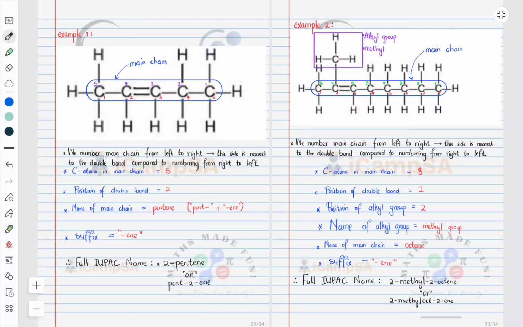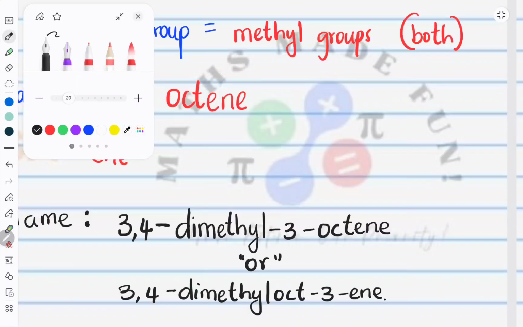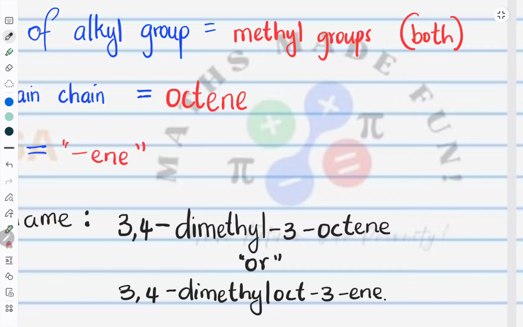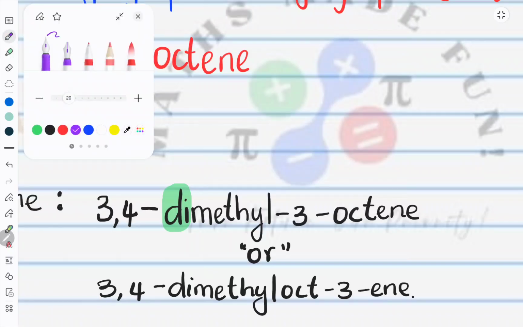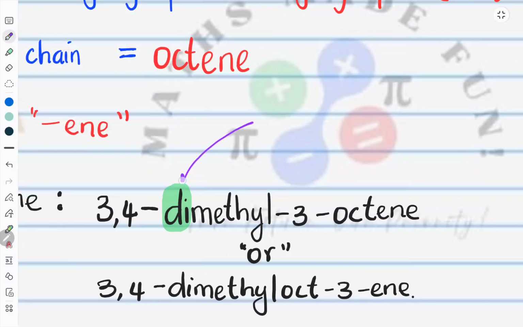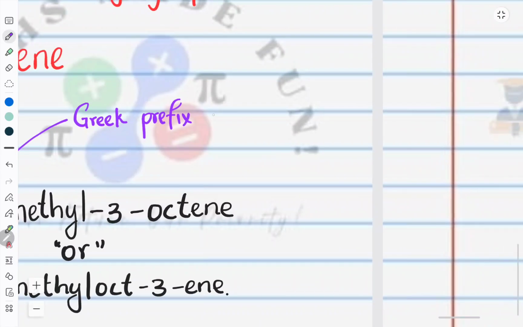All right, so now we will check out what we call dienes. But before we go there, just wanted to highlight this, that there's a Greek prefix here. Because we have 2 alkyl groups.